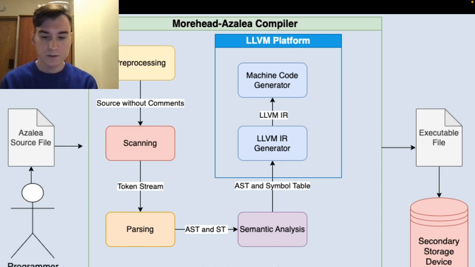This is then converted into the AST and the symbol table. And then using the symbol table and AST, we do some semantic analysis checks on it. Once a lot of the trivial mistakes are detected and eliminated, we'll then do code generation. And then we have, hopefully, a properly working executable file which can be stored to the user's computer.